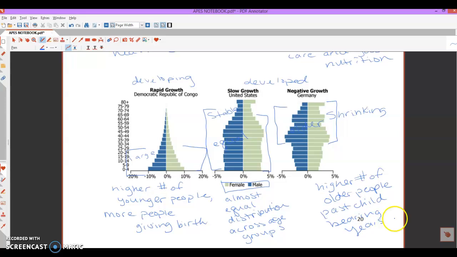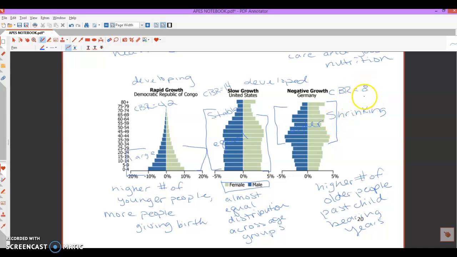Now, when we look at the crude birth rates, this is the number of children born per 1,000 people. The crude birth rate for the Democratic Republic of Congo is 42. That's really high. The crude birth rate for the United States is 14. So not too bad. And then the crude birth rate for Germany is 8.